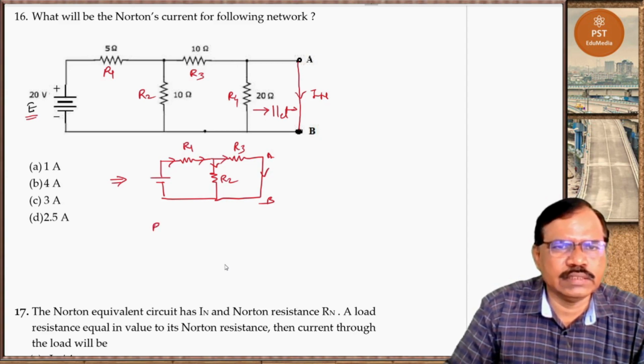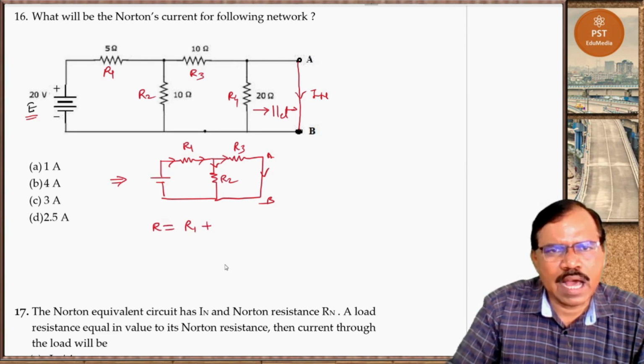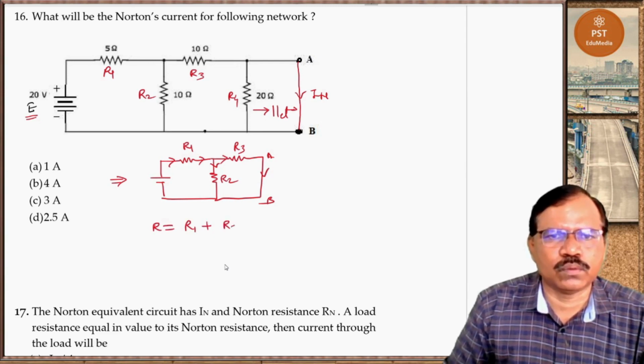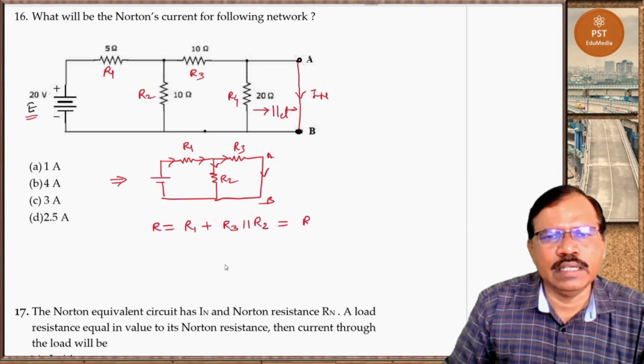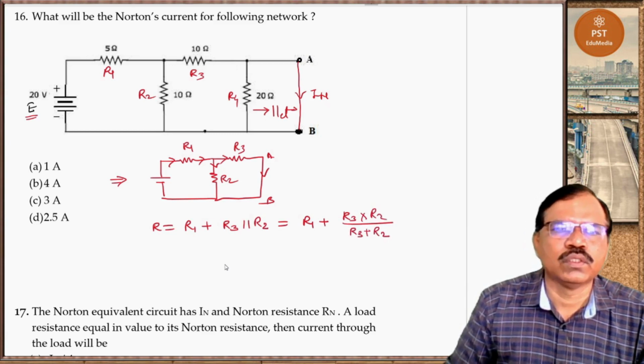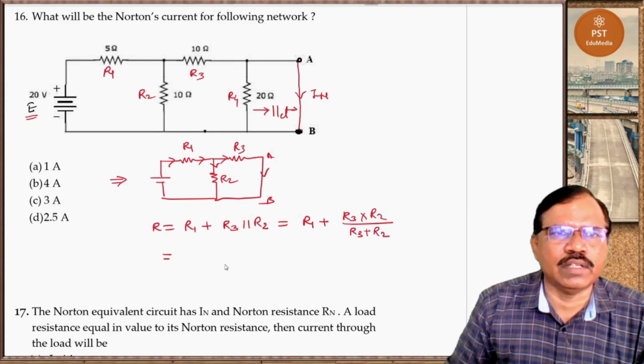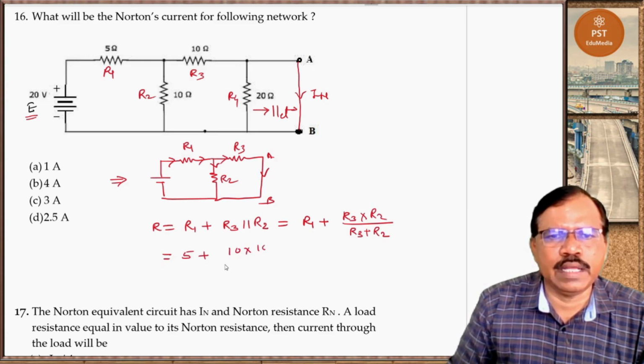Now what is the total resistance in the path of current? R1 plus R3 parallel to R2. So it is R1 plus R3 into R2 upon R3 plus R2. R1 is 5 ohm, plus 10 into 10 divided by 10 plus 10.